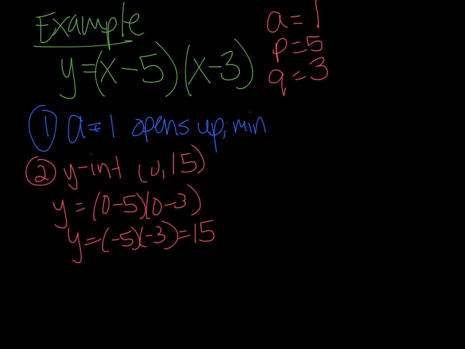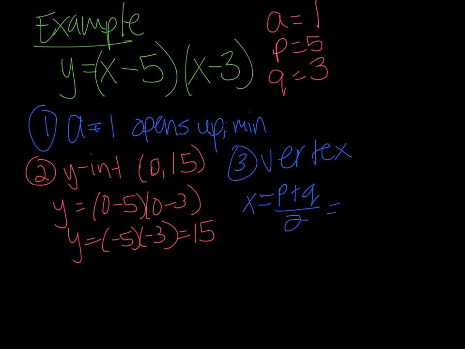Step 3 says to find our vertex. And our vertex, remember, we have to start with that equation for x first. x equals p plus q divided by 2. So if I plug that in, p is equal to 5, which I figured out before. q is equal to 3, divided by 2. 8 divided by 2 gives us the x value of 4.